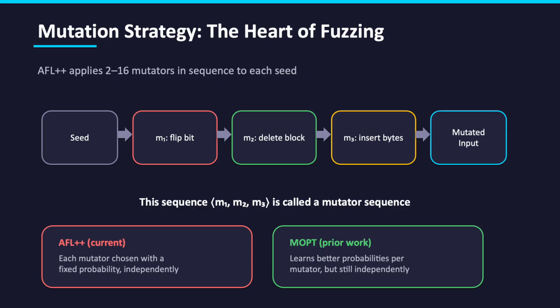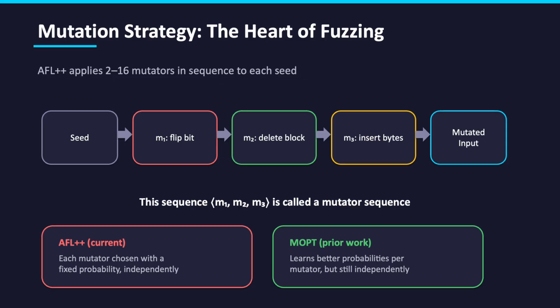The result of the whole chain is your mutated input. Look at the example on the slide. We start with the seed, apply, let's say, flip a bit, then delete a block of bytes, and then insert some bytes. Each mutator transforms the output of the previous one. This sequence, this ordered list of mutators, is what they call a mutator sequence.